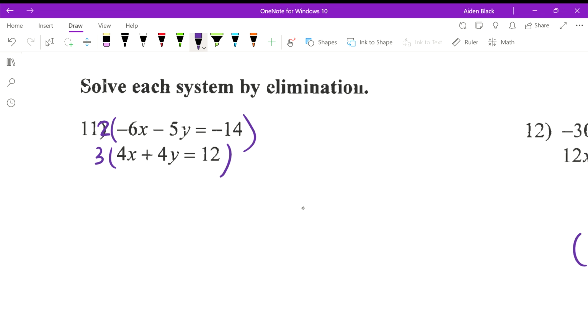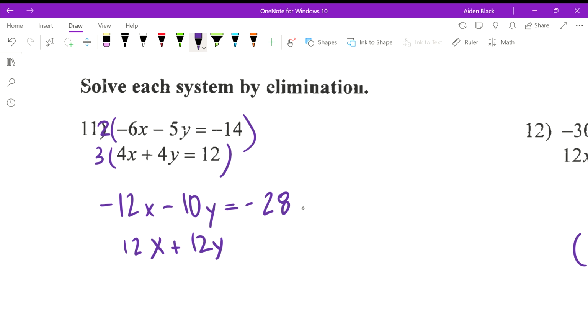So in the first case, I get negative 12x minus 10y equals negative 28. And then for the second one, I would get 12x plus 12y equals 36.